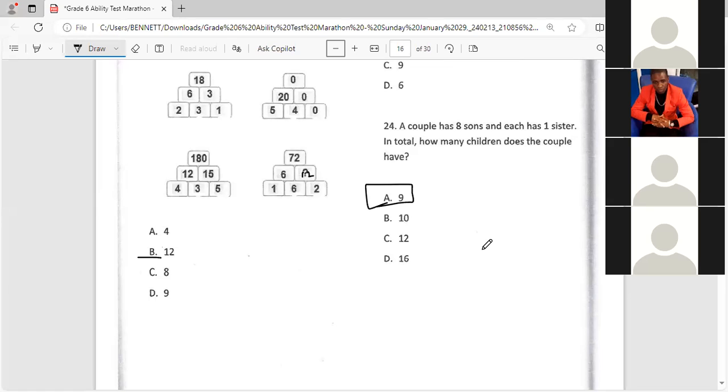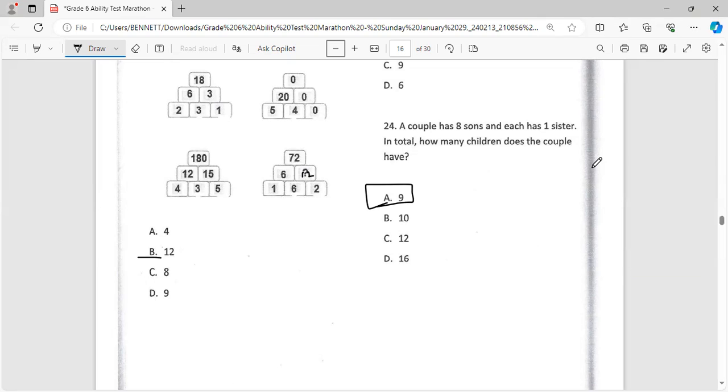Sir, each means 1. So each one of them has 1 sister. Wouldn't that be correct? Remember, it says each has 1 sister in total. 16, sir. No man, it's 9. Couldn't be 16.